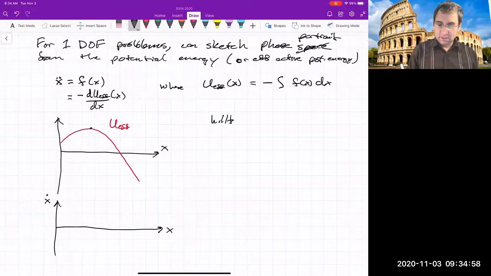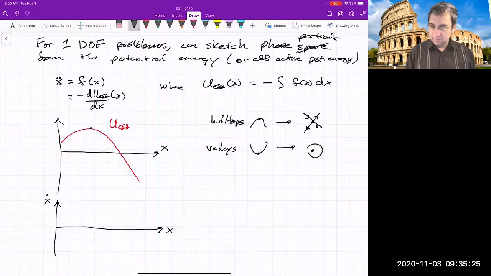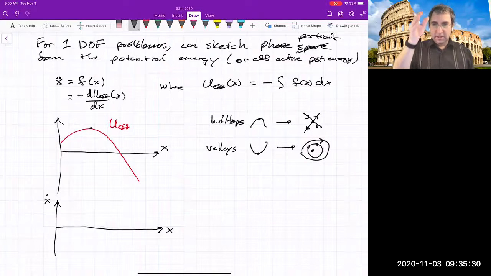So things that look locally like a hilltop, in the phase space, they look like saddle points. So they're equilibrium points, but they're saddle points, meaning nearby, they look like a saddle. What we might call valleys or troughs are also equilibrium points, but nearby things are just sort of oscillating.